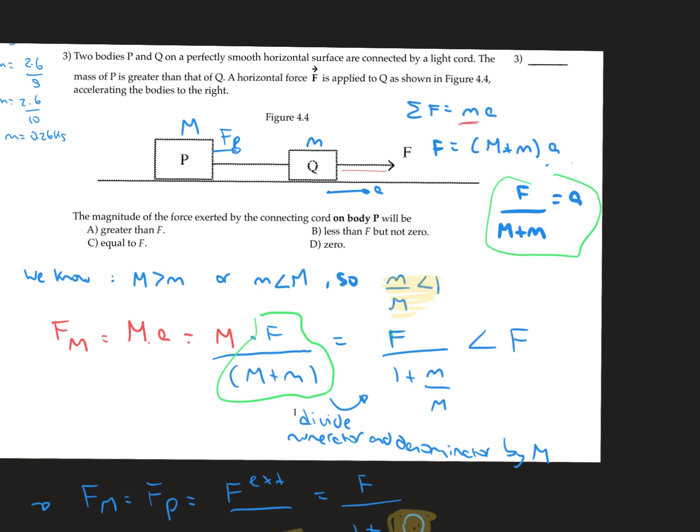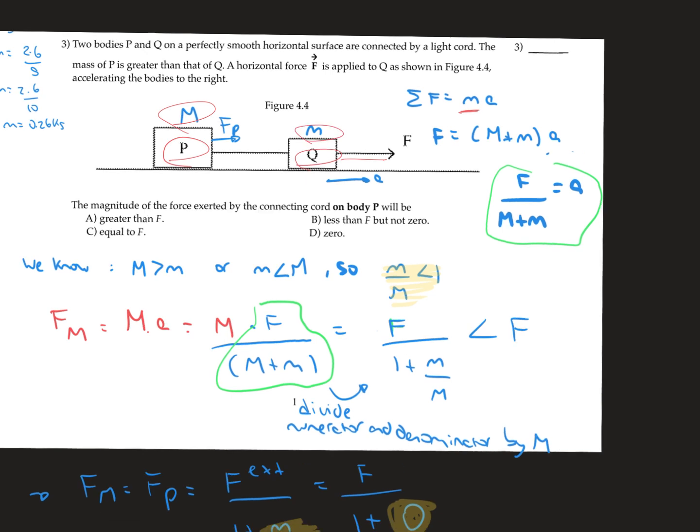But we could also write the total mass m as capital M plus little m, given that P is capital M and Q is little m. Then we just divide by the total mass, and we can rewrite the equation to give acceleration equals F divided by capital M plus little m.